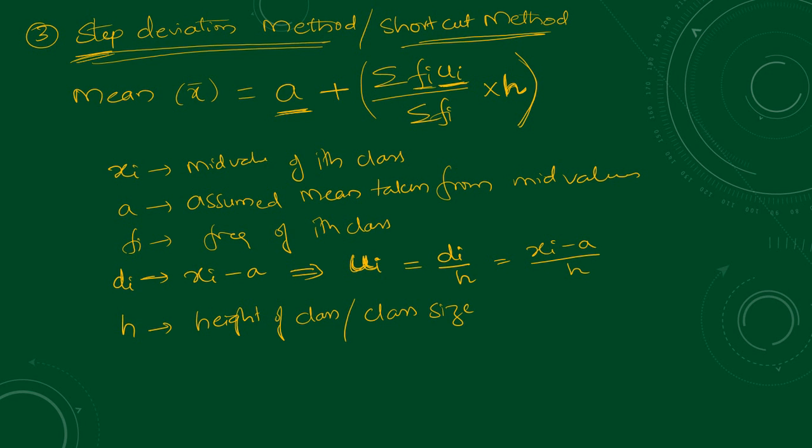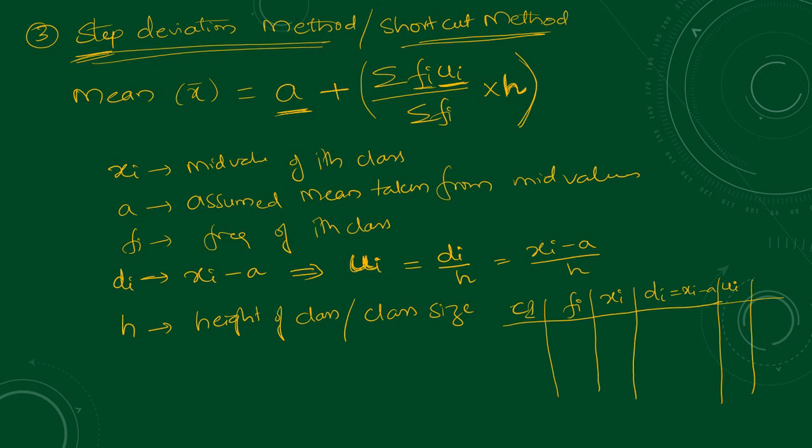Now let us see the table, how the table looks. First we are going to have class intervals as usual, frequencies as usual, mid values as usual, and after that deviations as usual. So these four columns are from the previous method. Next, the fifth column is Ui.